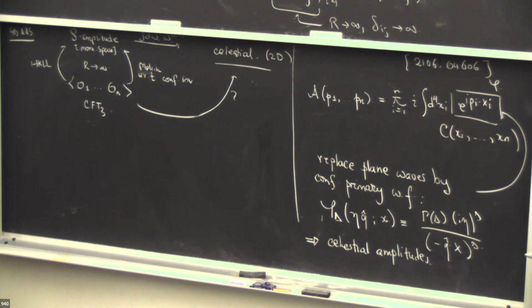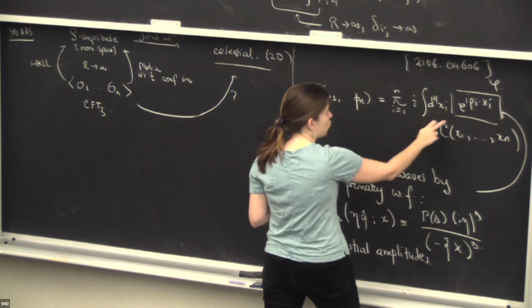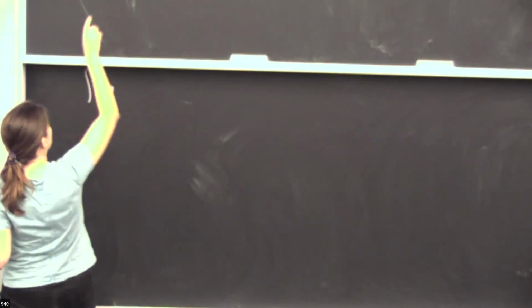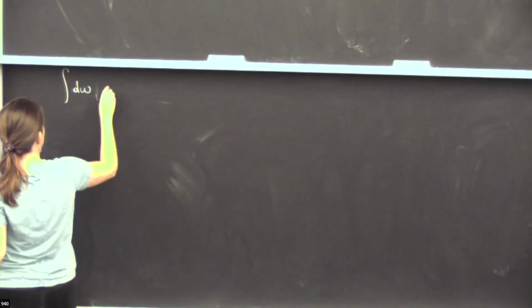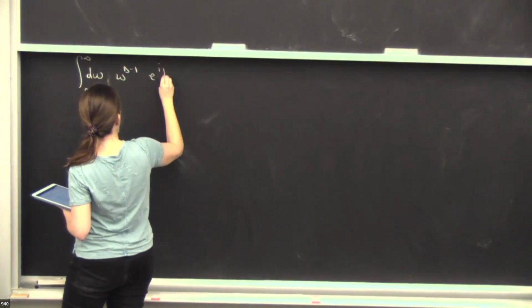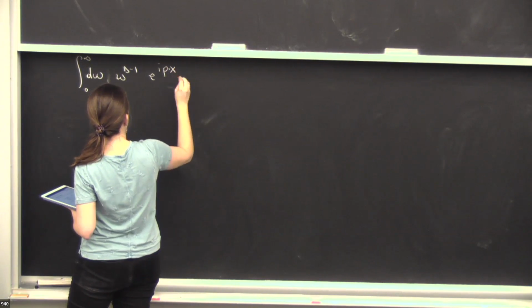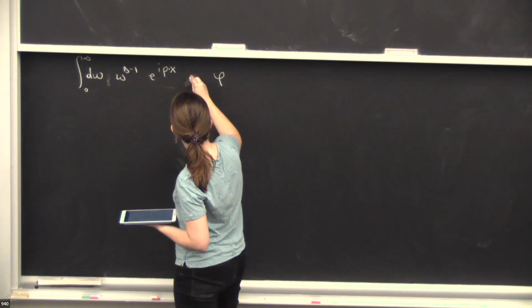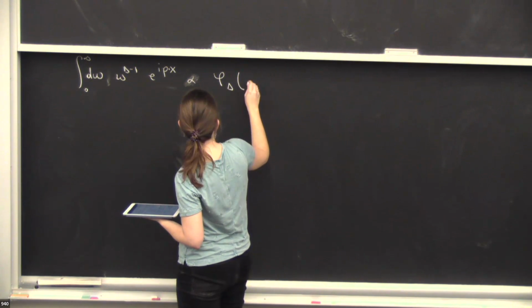So to see that they are equivalent, one can simply notice that if we were to take a Mellin transform of these plane waves according to that prescription, then we would essentially find something proportional to these conformal primary wave functions.